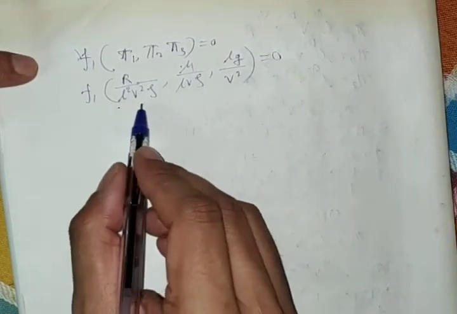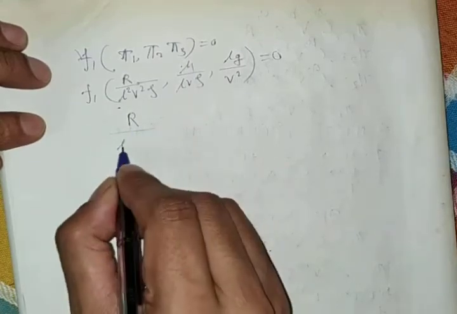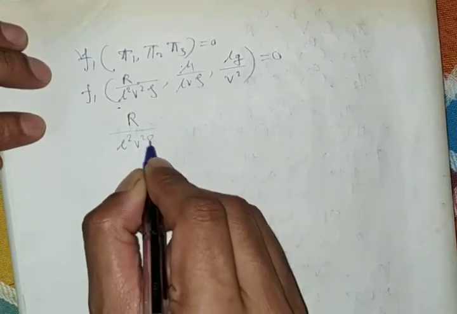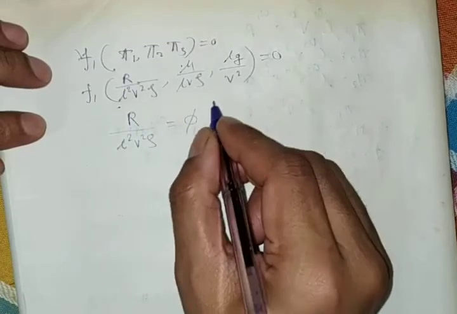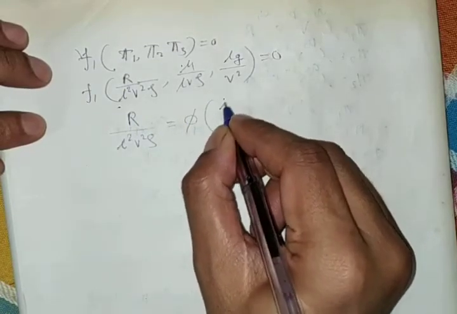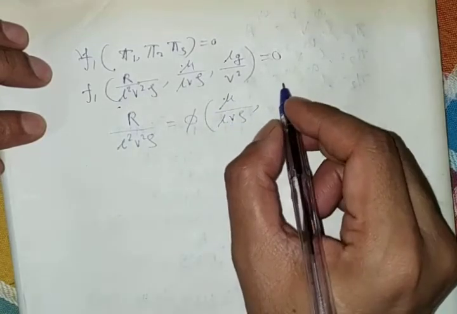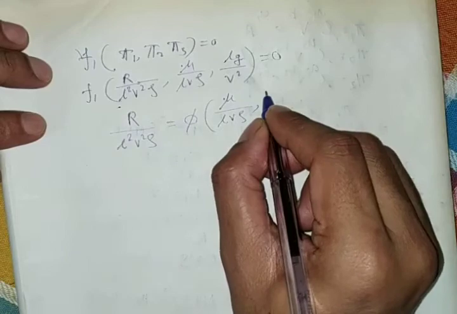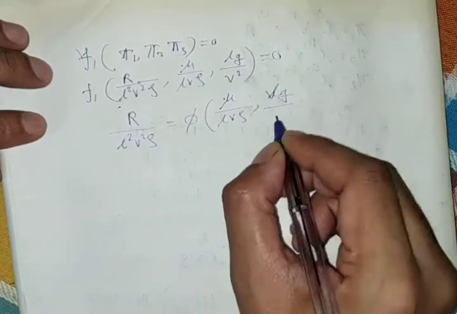Or you can write R divided by L squared V squared rho as a function of mu divided by L V rho, or L g by V squared.